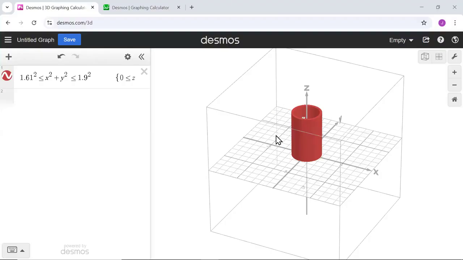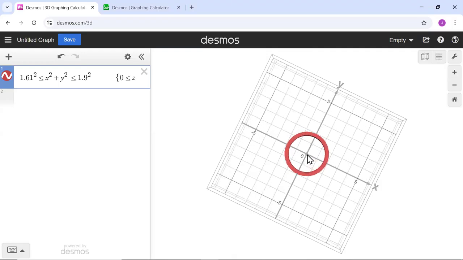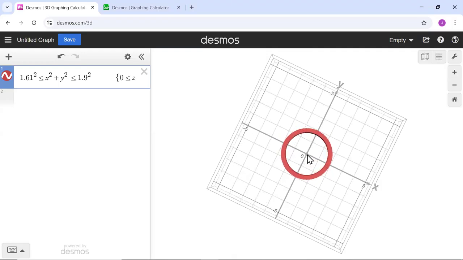Now, before we set up our triple integration with cylindrical coordinates, I want to point out that we're talking about a pipe here with a hollow center, but we do have some thickness here. The inside, oh, you know what? This is diameter. I apologize. I wrote this in terms of radius instead of diameter.